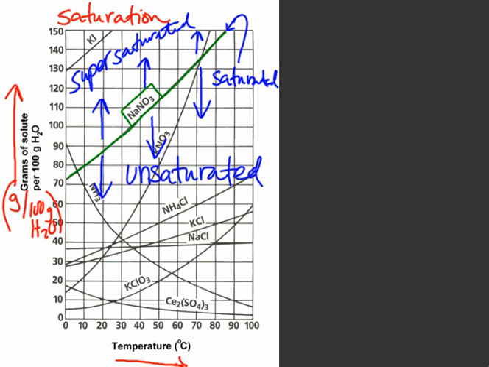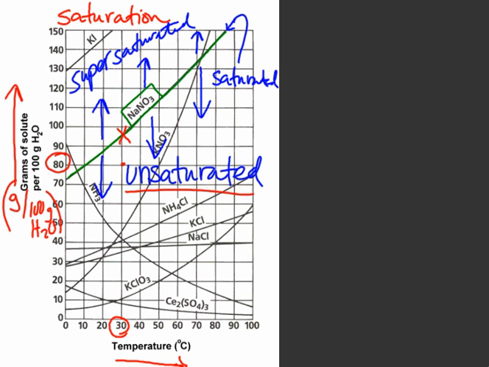At 30 degrees Celsius, which is right here, I look at 80 grams, which is right here, and this is where my dot is. That's describing my solution. What type of solution is it? My saturation point at 30 degrees Celsius is right here, and the dot is below that line, therefore it would be unsaturated.